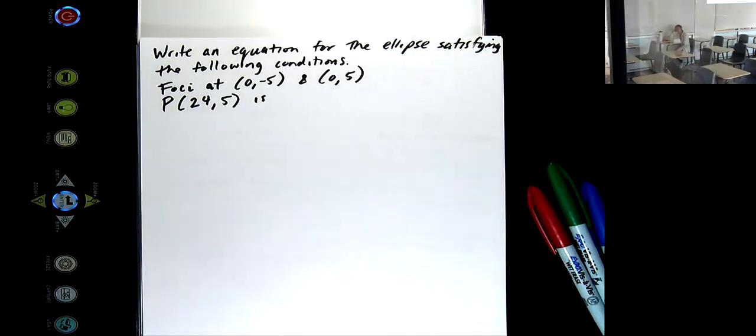Let me scribble this on the side real quick and see what will work. Calculator, there you go.